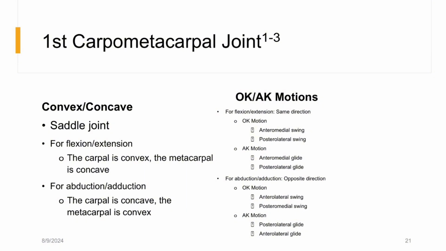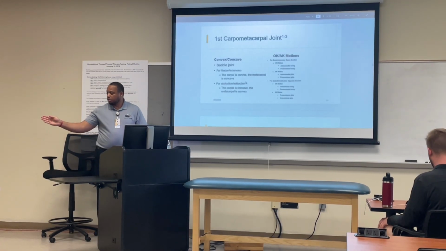Now, with abduction, the OK and AK are going to occur in the opposite direction. So this can be a little tricky, but follow me. So this is abduction, all right? Abduction, moving away from the midline or moving away from the second metacarpal.